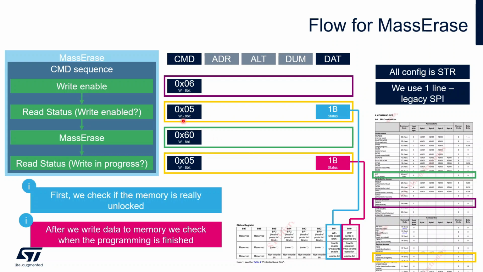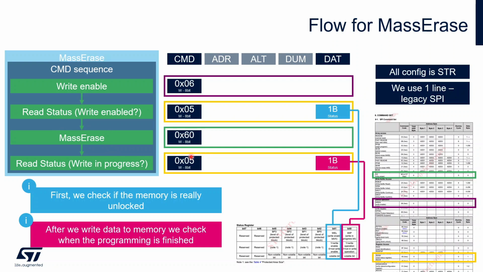After we send this mass erase command, this bit will be automatically reset, and for the next erase or any memory write, you need to set it again. So this will be called periodically for the erases and for the programming too. And after we initiate the erase, the memory starts erasing, but we are not sure how long it will take.